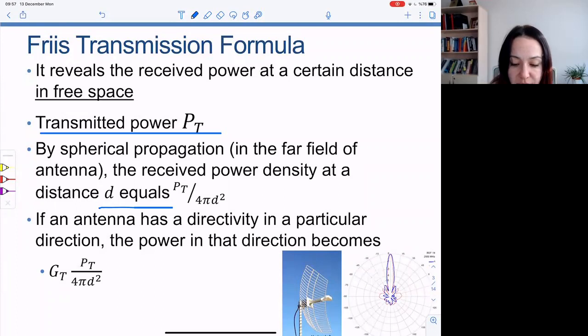The power density, power per square meter, if you will, is going to be PT divided by 4 pi d squared. Simple free space propagation.